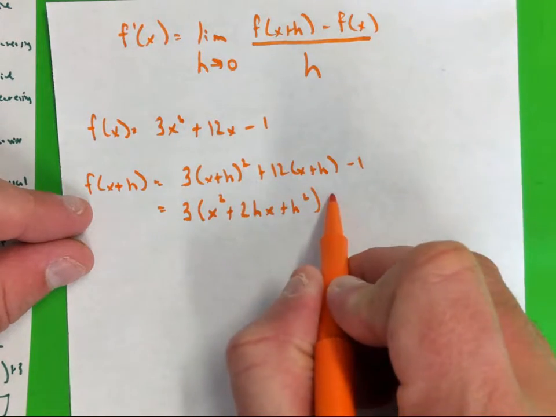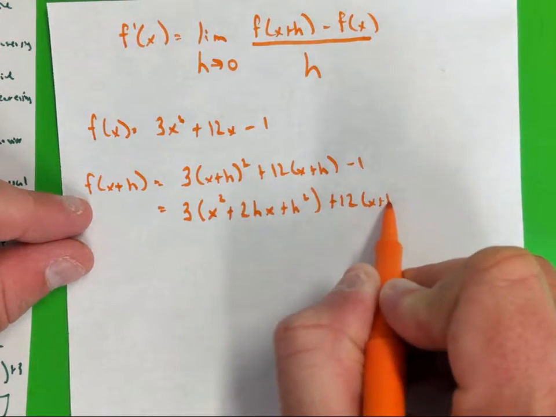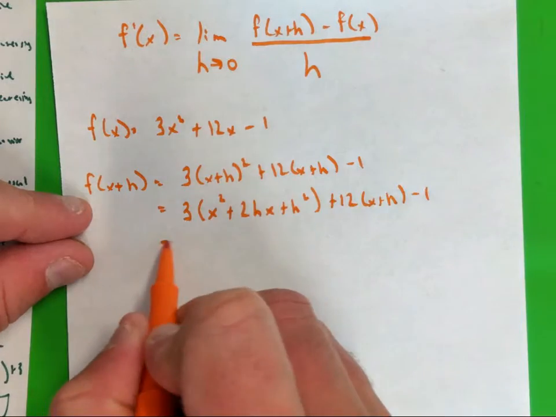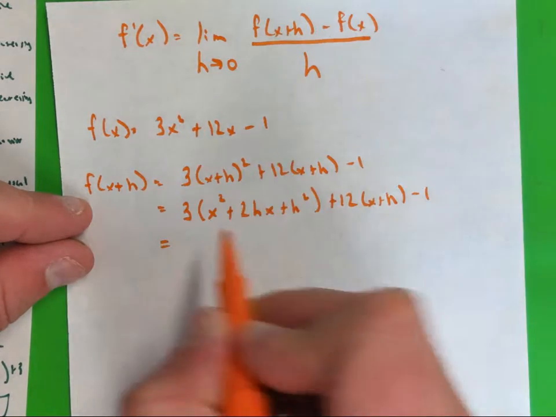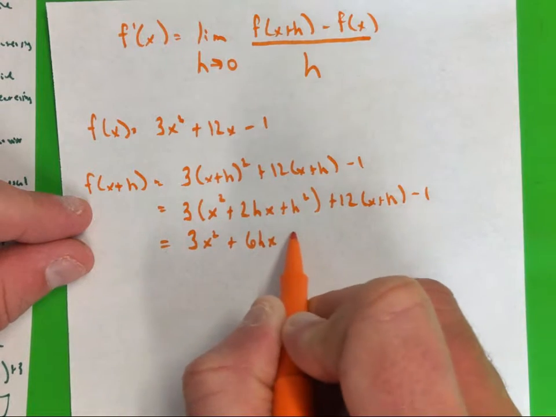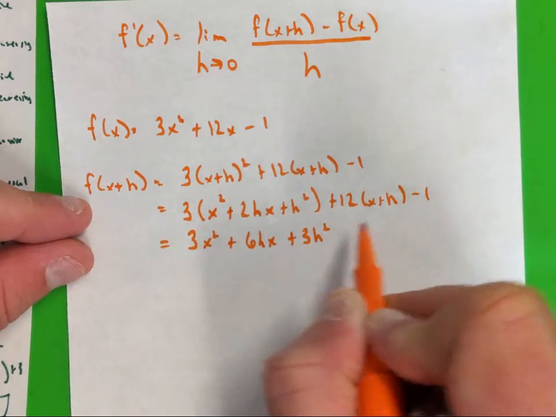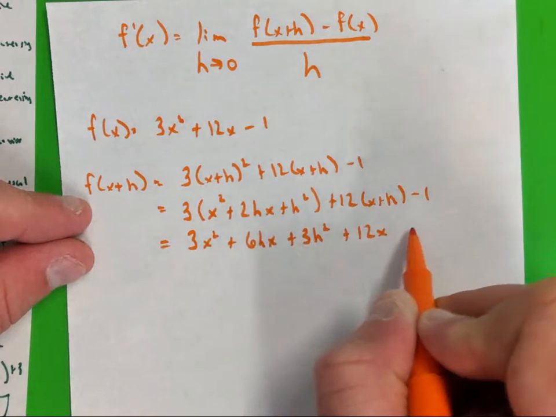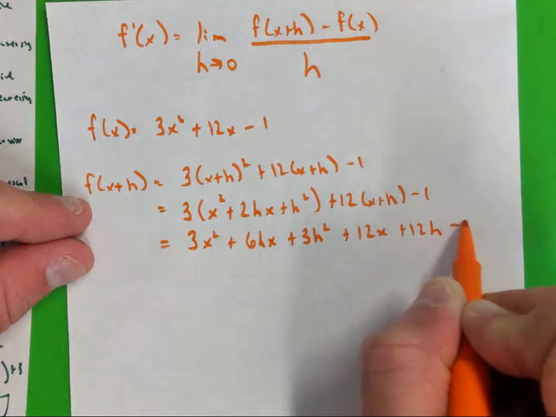Okay, then I'm going to distribute. That's 3x squared plus 6hx plus 3h squared plus 12x plus 12h minus 1.